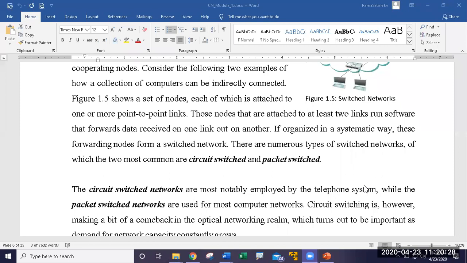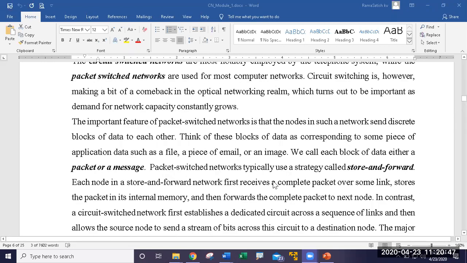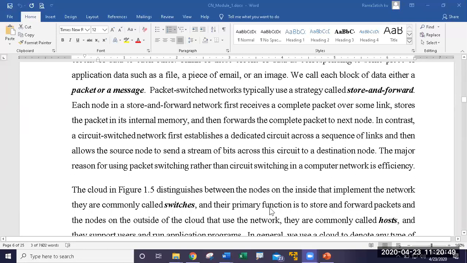Circuit switched is mostly employed like a telephonic system, where a particular path from source to destination is assigned initially and then the data is transmitted. Today what we discussed, source routing, is also one example of circuit switching.